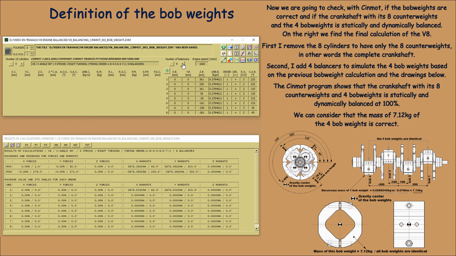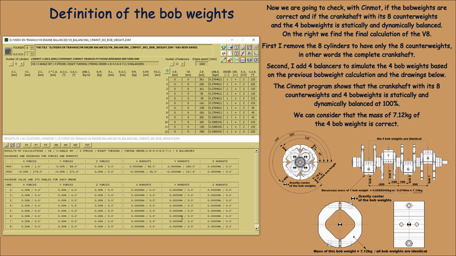Second, I add 4 balances to simulate the 4 bob weights based on the previous bob weight calculation and the drawings below. The Cinmot program shows that the crankshaft with its 8 counterweights and 4 bob weights is statically and dynamically balanced at 100%. We can consider that the mass of 7.12 kilograms of the 4 bob weights is correct.